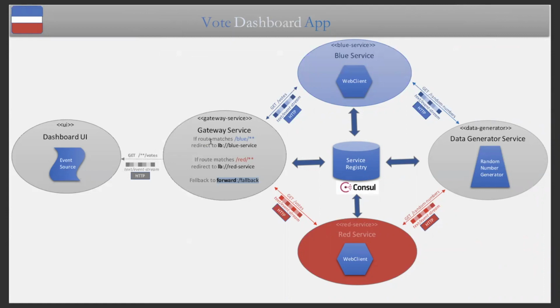This API gateway service will route to either the blue service or the red service by matching on a set of predefined predicates. In turn, the blue and red services will invoke a random number generator API, and it will use that to generate random voting data for the app.